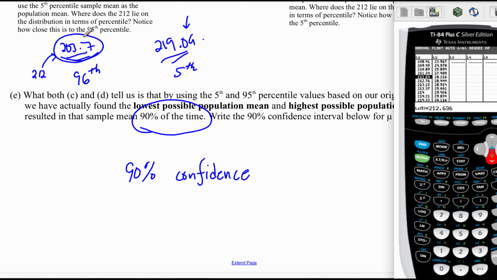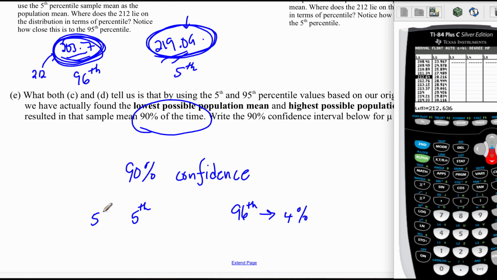Because when I took the lowest one and ran samples on it, and the highest one and ran samples on it, the 212 went from the 96th percentile to the 5th percentile. So really, that's a 91% confidence interval because there's only 4% higher and 5% lower. So 9% of the time, we're not going to hit that. So 90% or 91% of the time, we are going to hit it. Well, looky there.